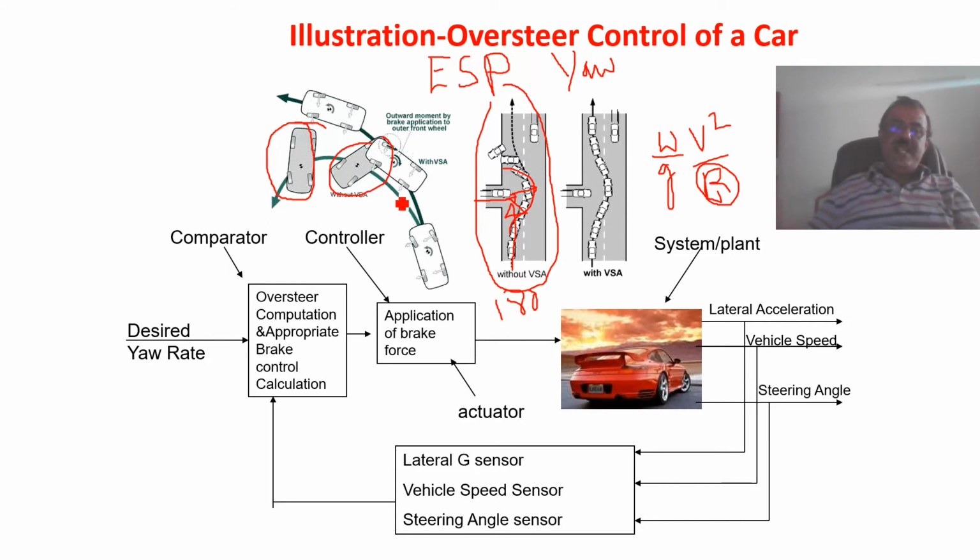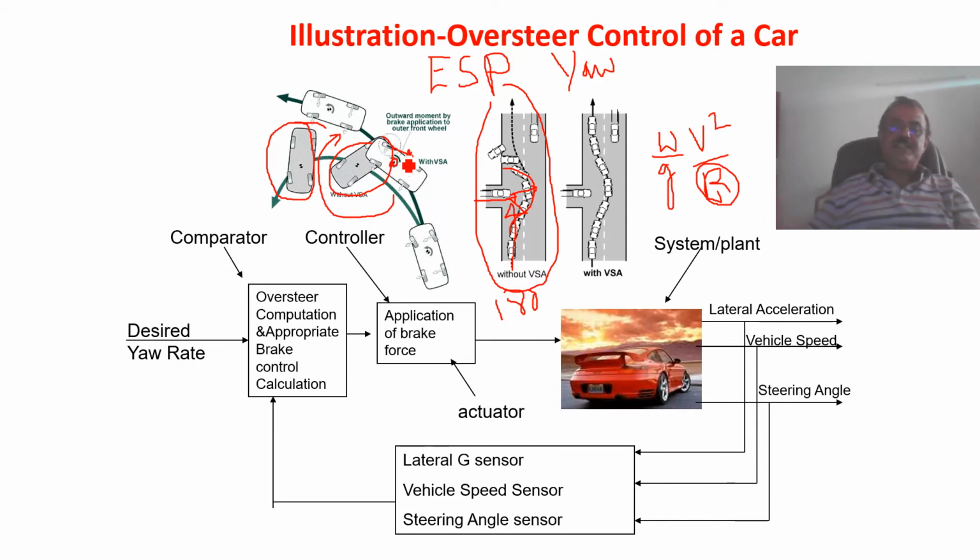So now I have to create a counterclockwise moment. Suppose you see, these are the four wheels, and if I can apply a brake at this wheel, this is a brake force, and this is the center of gravity of the vehicle here.